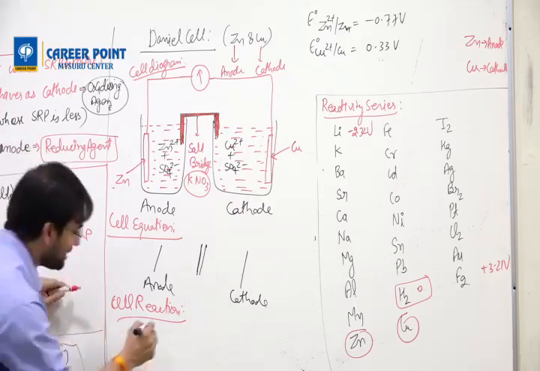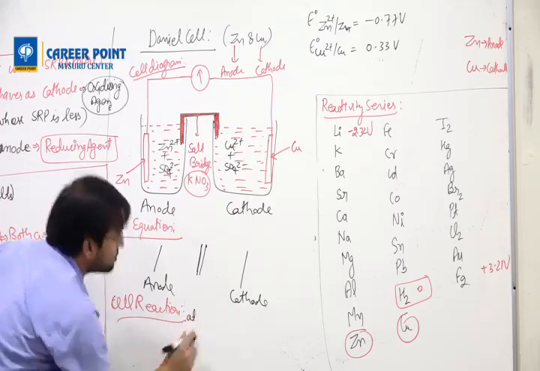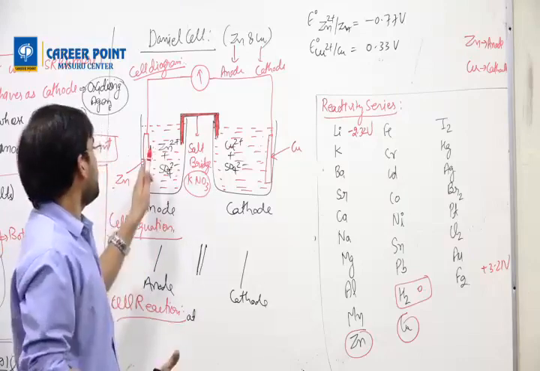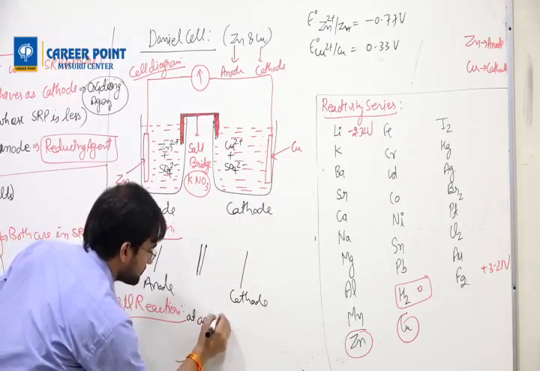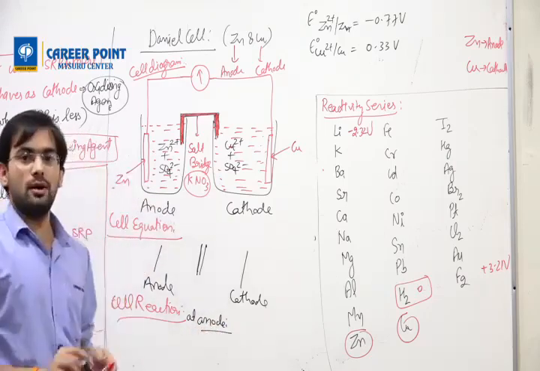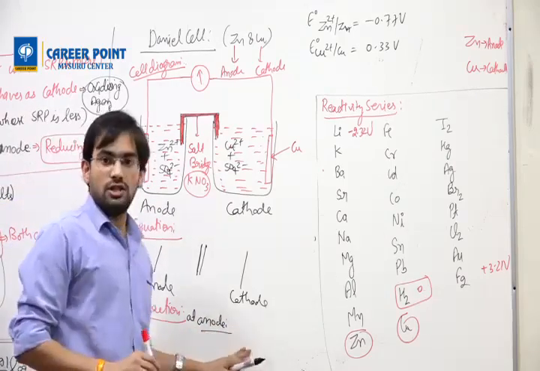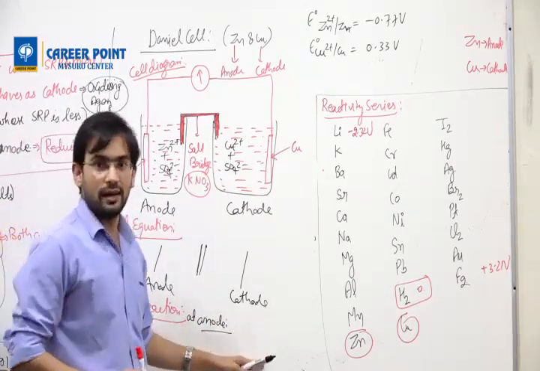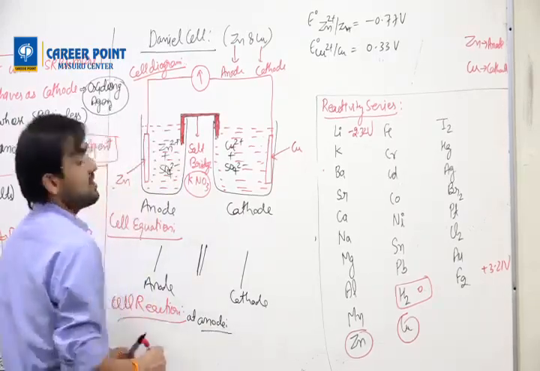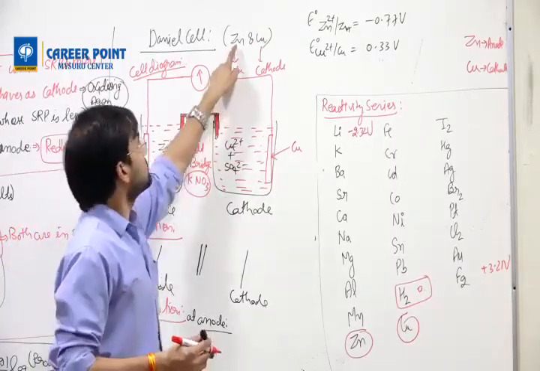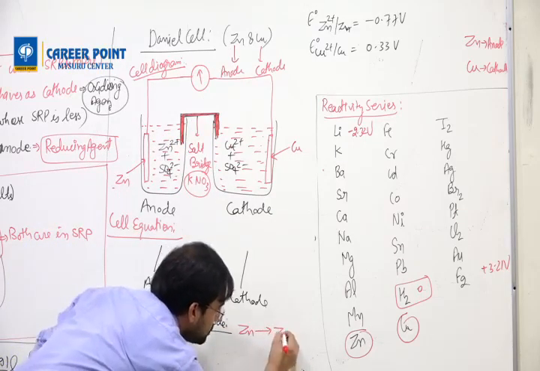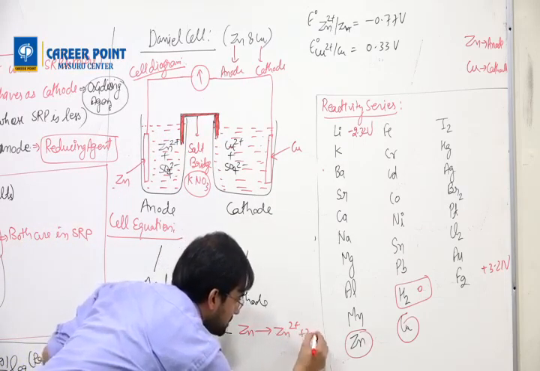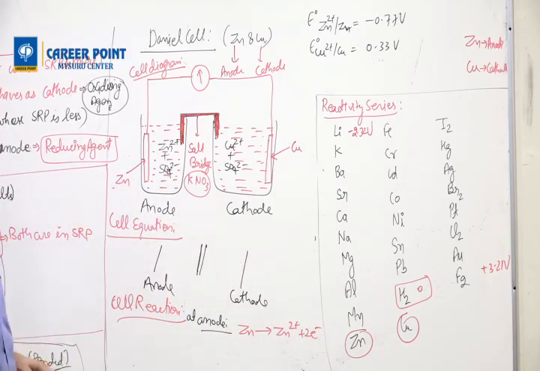While I am writing cell reaction, there are two places where reaction is happening. One place here, one place there. What is this place? At anode. So you remember that at anode, oxidation takes place. Now oxidation of what? Zinc. So if zinc undergoes oxidation, it will give you Zn2+ plus 2 electrons.